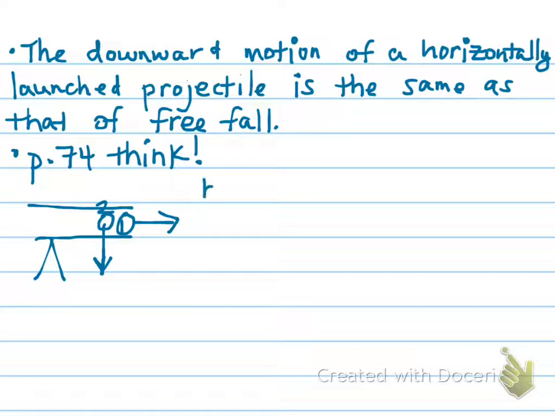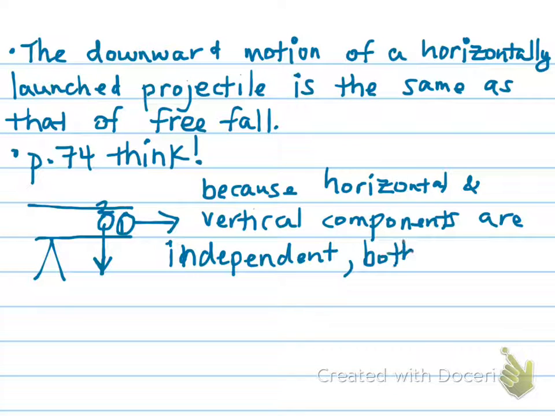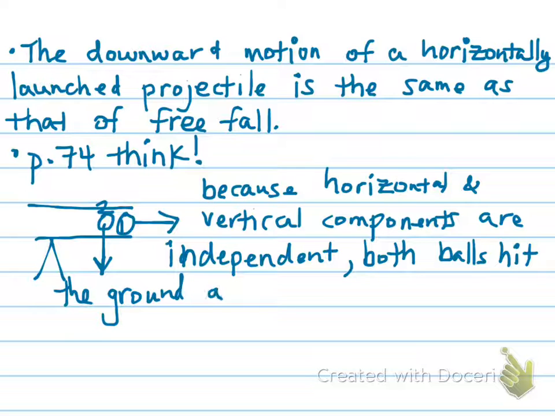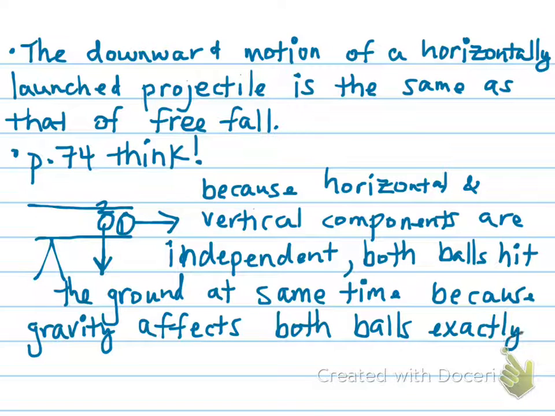Because the horizontal and vertical components are independent, or they don't depend upon each other, both balls hit the ground at the same time, because gravity, which is the only force acting on them, affects both balls exactly the same way.